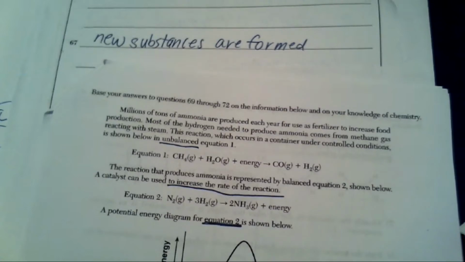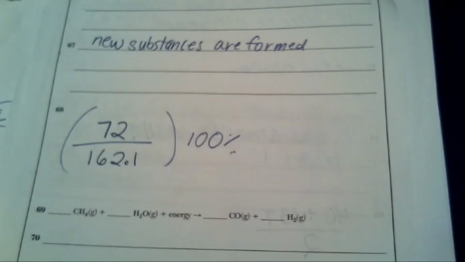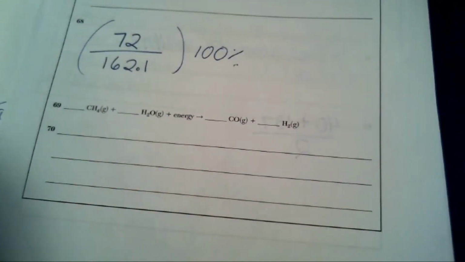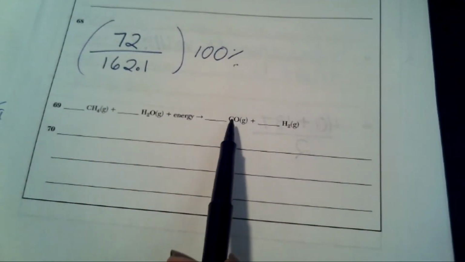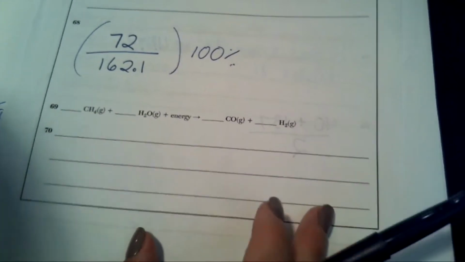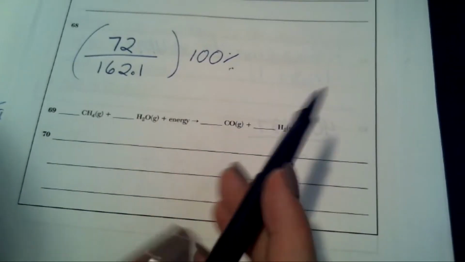Question 69 says, balance equation 1 in your answer booklet using the smallest whole number coefficients. Okie dokie. Here we're getting carbon monoxide, so it's not quite a combustion. Almost, though.